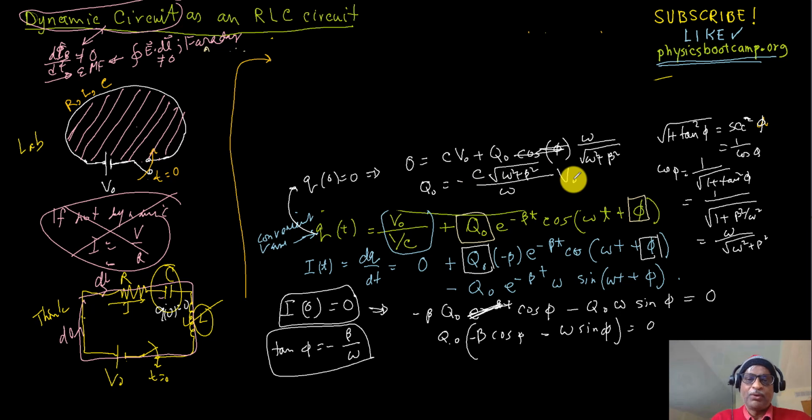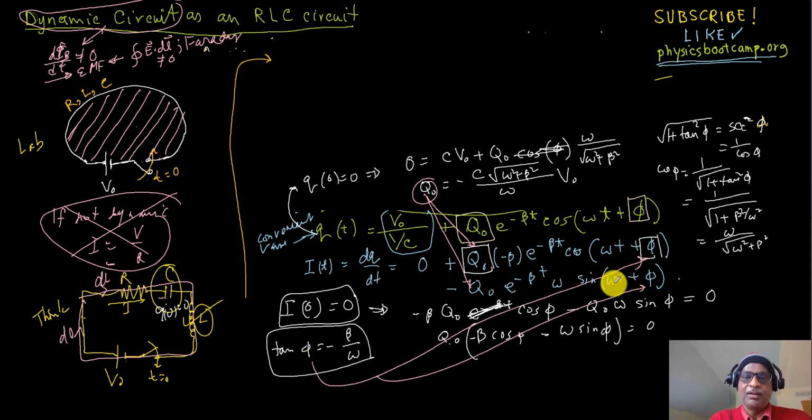So going back to I of t, you can see that I can use this q0 in here, and this phi in here, and that's our solution. It's a little complicated solution, but I'm not interested in how complicated it is.